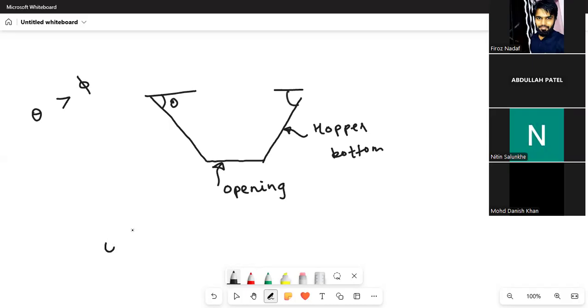If theta is less than phi, the material cannot come out because of the angle of friction, even if the opening is open. It has to come down easily. For that, theta should be greater than phi. What is theta? Theta is the angle of the hopper bottom, and what is phi? Phi is the angle of friction of the material.